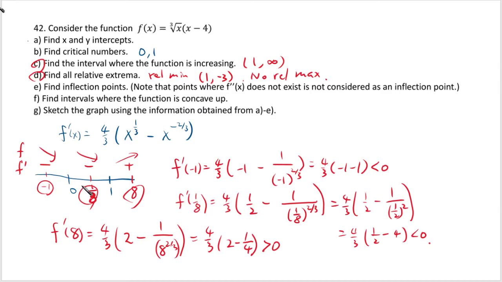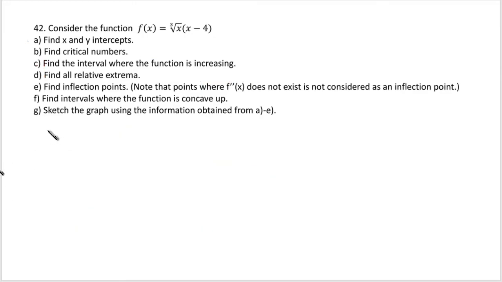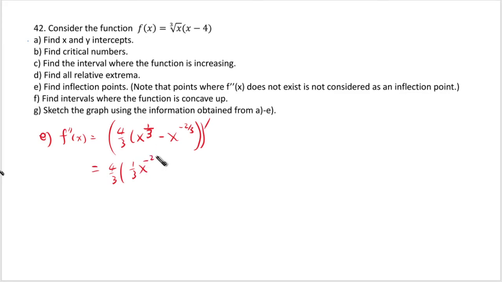Okay, now let's find inflection points. So we need to do f double prime, and since f prime is 4/3 x to the 1/3 minus x to the negative 2/3, we have to differentiate this yet again. 4/3 is a constant multiple, so that can be brought out, and you just have to differentiate each one of these. 1/3 comes down, you have x to the negative 2/3.